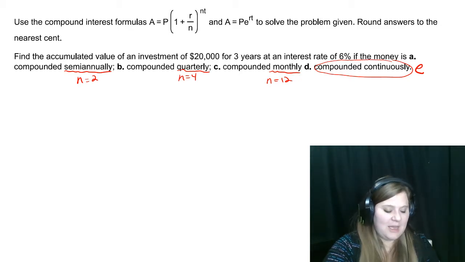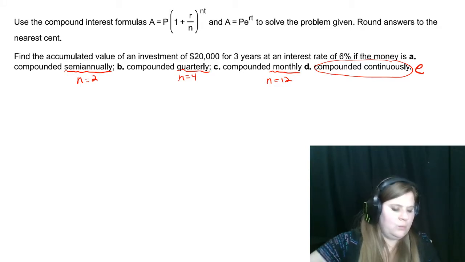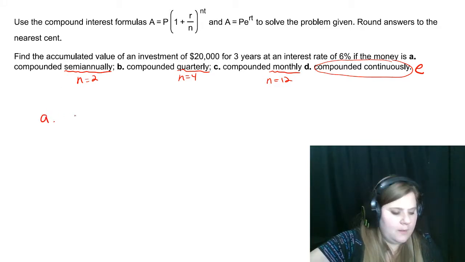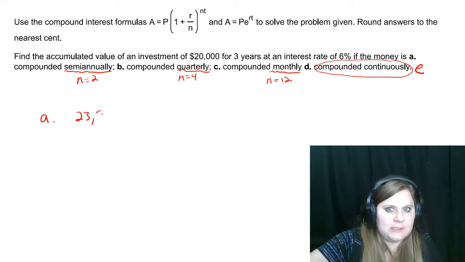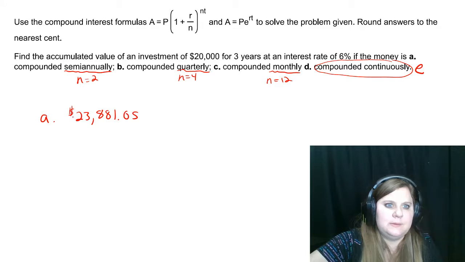So I'm doing this in my calculator right now, and I get that semi-annually would be $23,881.05.